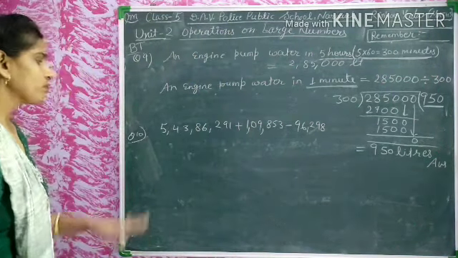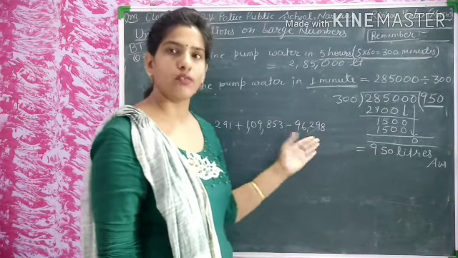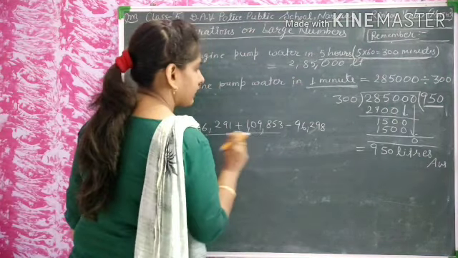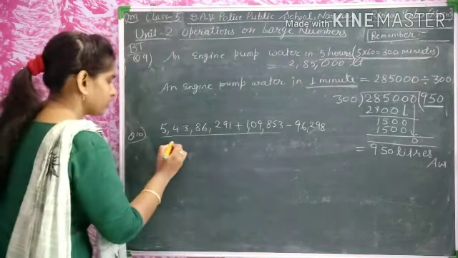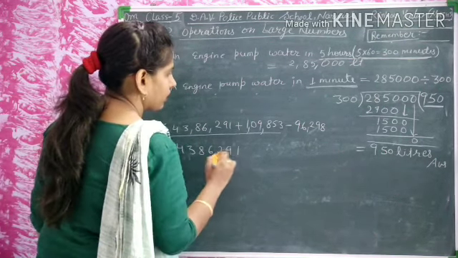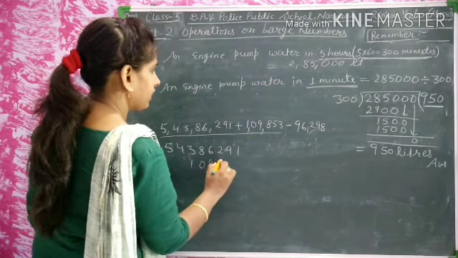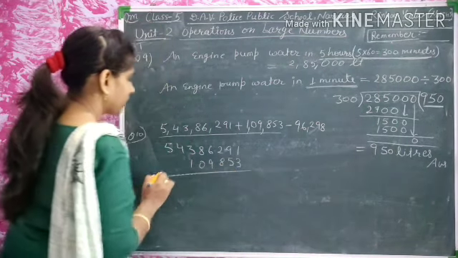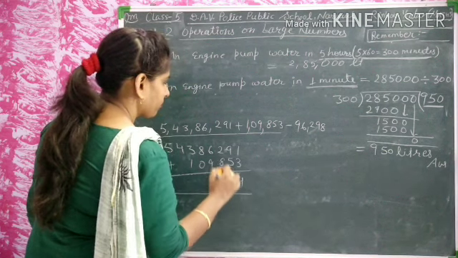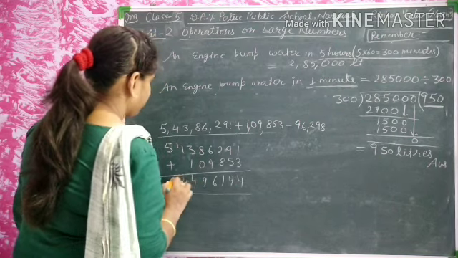Okay students, now question number 10. In question number 10, we have to find the value of this. First calculate the addition of both the numbers and then subtract. So 5, 4, 3, 8, 6, 2, 9, 1 equals 1, 0, 9, 8, 5, 3. This is the sum.